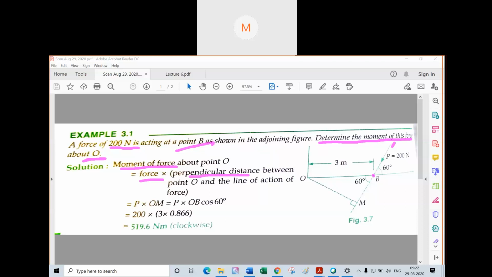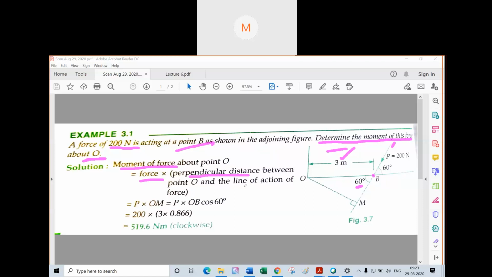We have to find this force and this distance given. From this point, this force is inclined at an angle of 60 degree, right?